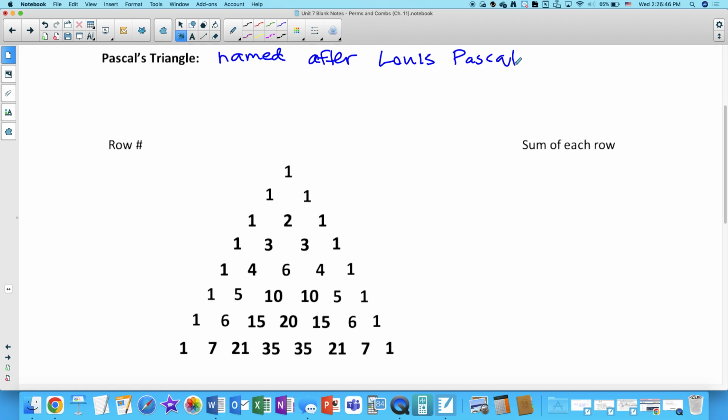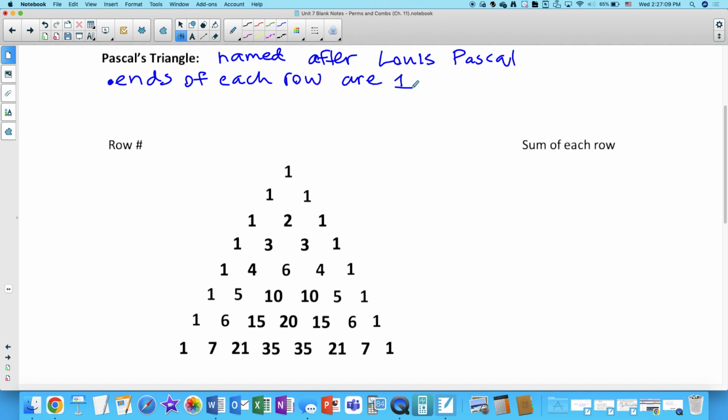And the way that the triangle works, if you haven't noticed, is, well, let's start with sort of the diagonals. What do you notice about that? They're all one, yeah. So along the diagonals or along the ends of each row, those are 1.